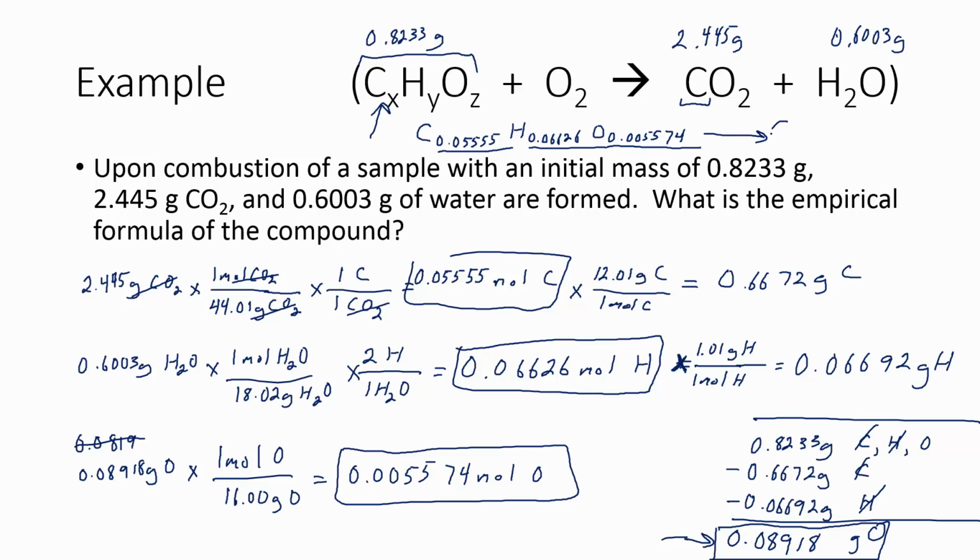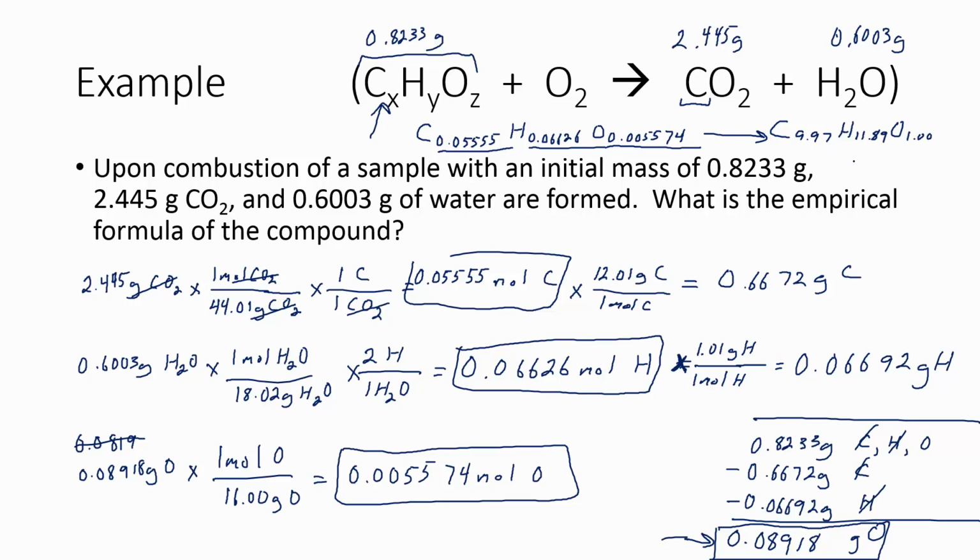We get C 9.97. And let's divide hydrogen by the oxygen. So 0.06626 divided by 0.005574. We get 11.89. And now the oxygen, well, 1.